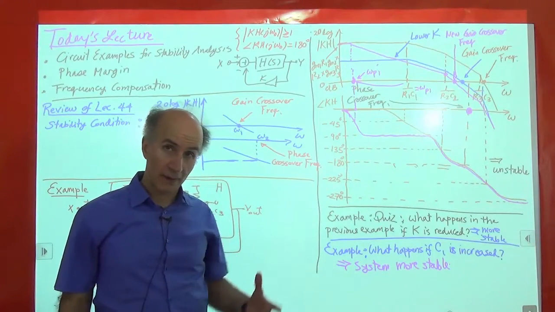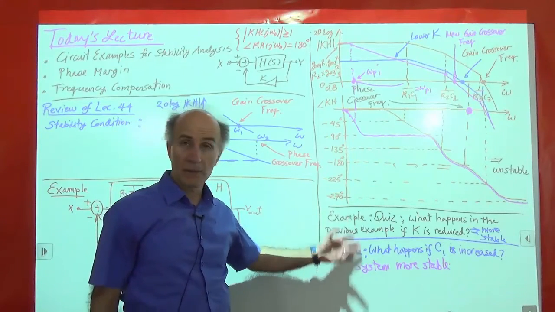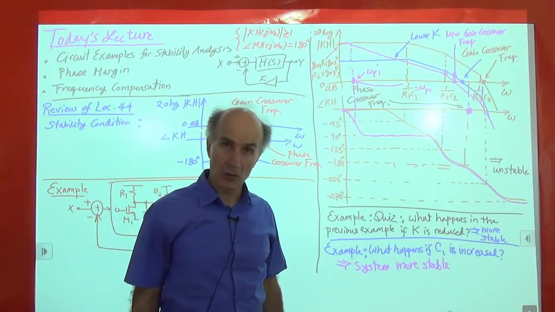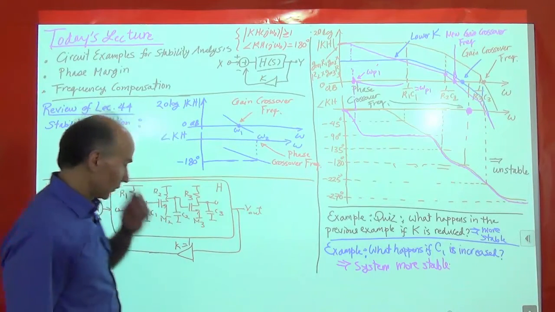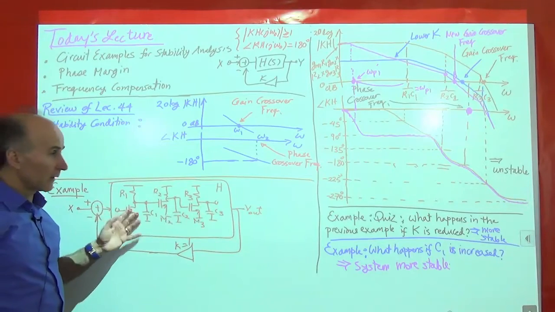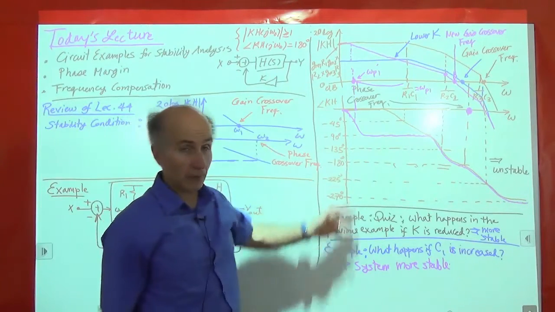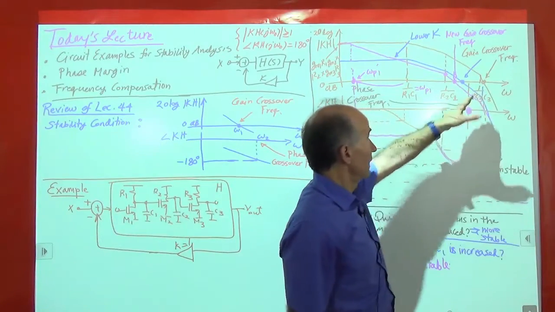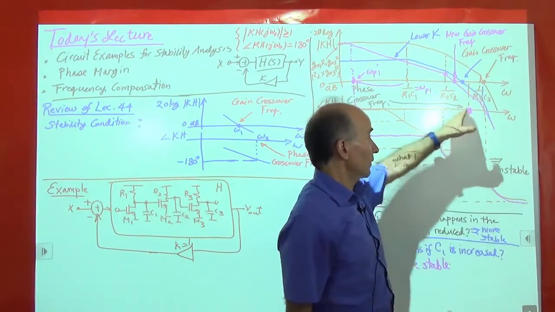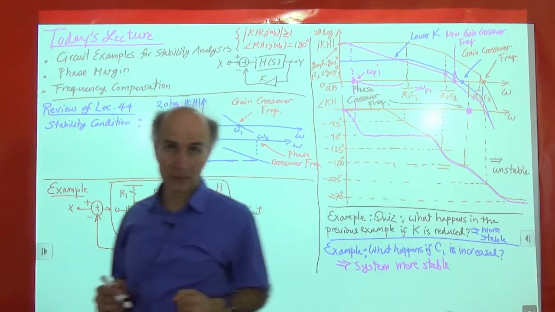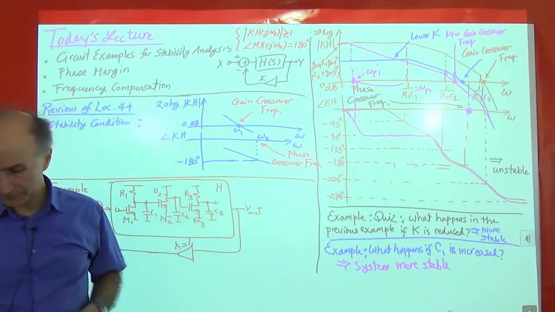So in circuit design, we have to do one of these two things if the system that we have built is not stable or not stable enough, right? So you took some sort of amplifier, placed a negative feedback loop, and then you constructed the open loop characteristics and realized that, yes, the gain crossover frequency is actually higher than the phase crossover frequency, so that's no good. Now we have to figure out what to do. All right, these are just some examples.